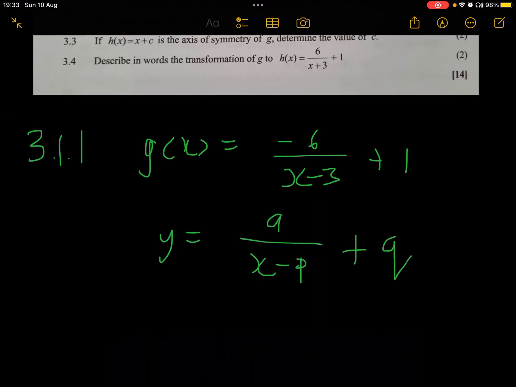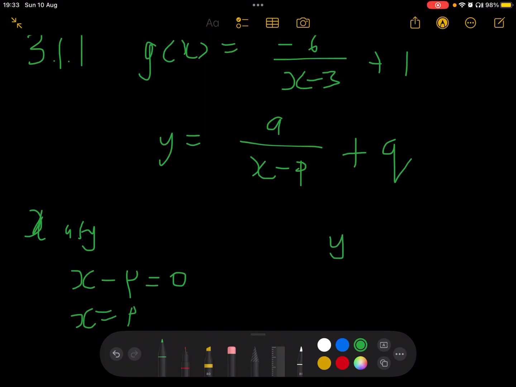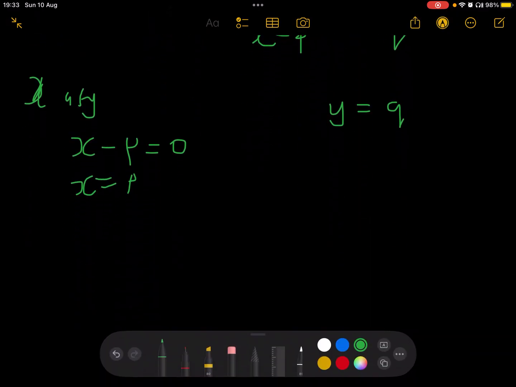And in order to get the asymptotes, we get the x asymptote by saying x minus p is equal to 0 and then x is equal to p, and then for the y asymptote, we just say y is equal to the value of q. Now in this case, our x value, we're just going to say x minus 3 is equals to 0 and then x is equals to positive 3 and then our y is equals to 1.